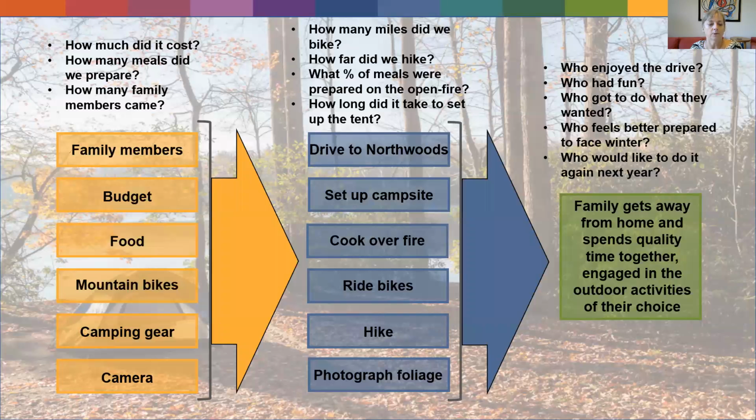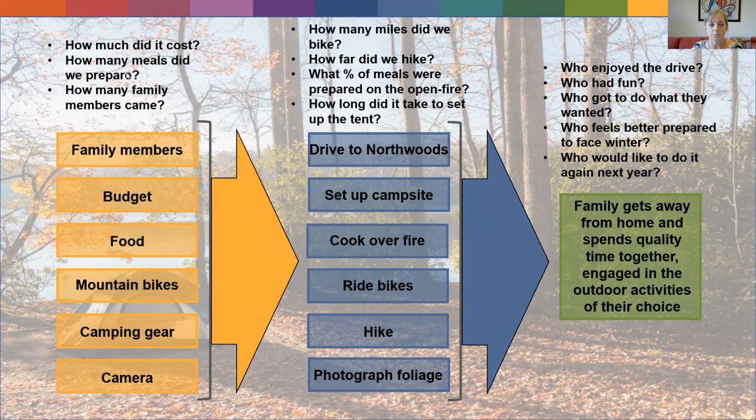So going back again to the simple family escape, here are just some ideas of measurements that the family might be interested in observing. How much did it cost? That's a very common family vacation question that the family would want to know.